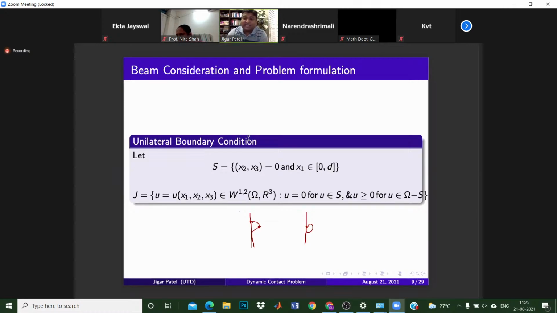Okay, so here is set J, right? This is the set in which we are trying to find the solution for a dynamic problem, right? And this is how it's going to work. The displacement is going to be in a Sobolev space where u is 0 for every u that belongs to this set S, right? So whenever the displacement is considered 0, it means that it will not penetrate the wall.